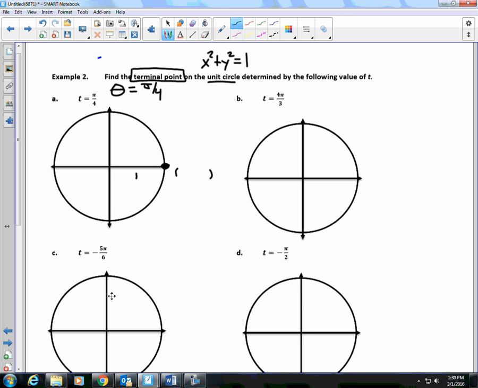What is the x value? How far over am I? 1, 0. Good. Let's try another one. What is the coordinate right there? 0, 1.